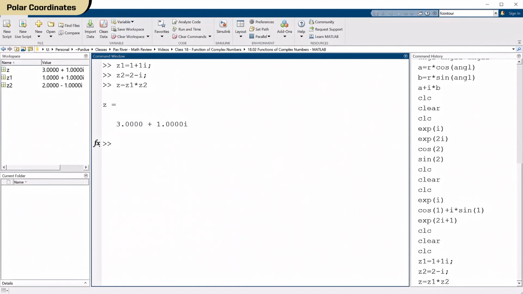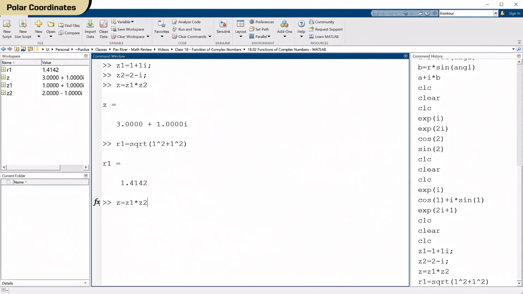We've seen that before. Well, could we do this in polar coordinates? Sure. So let's call r1 the absolute value of z1. Now I could say it's the square root of 1 squared plus 1 squared. This is kind of silly, but I could do that.